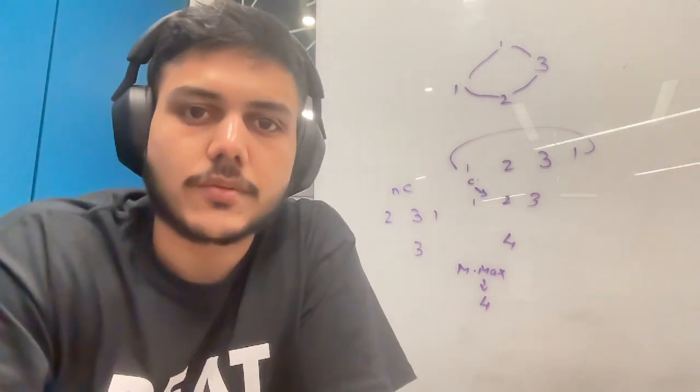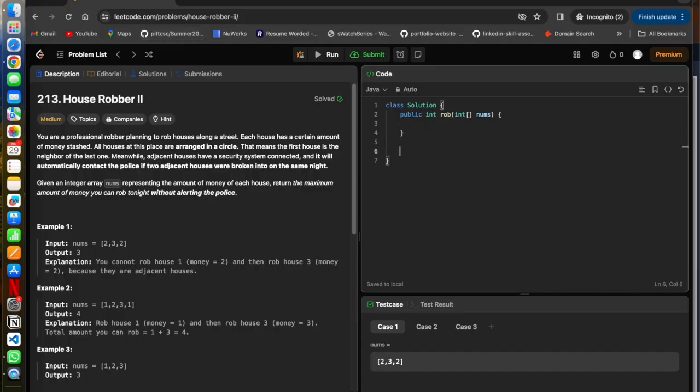Let's try to code it out. Okay, let's code out our house robber 2, LeetCode 213. Let's code the house robber 1 function here first. Public int, it will return an int, robHouse, right? Int array arr. If arr.length equals 1, return arr of 0.